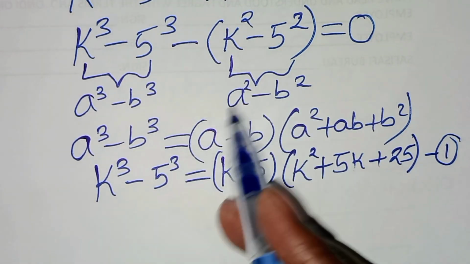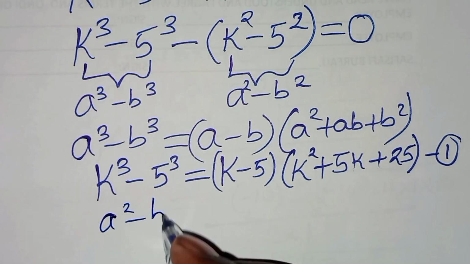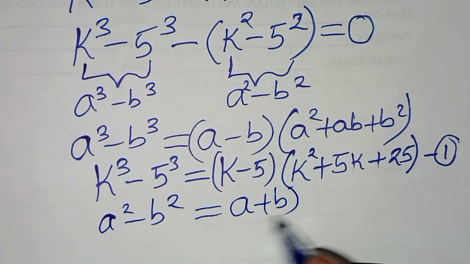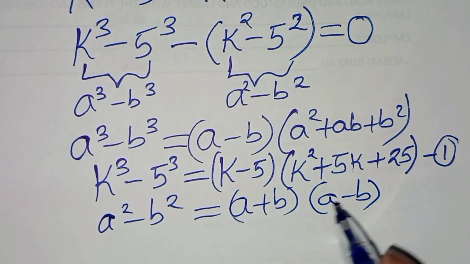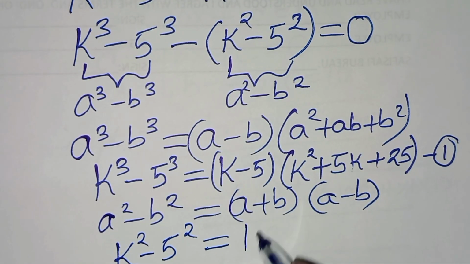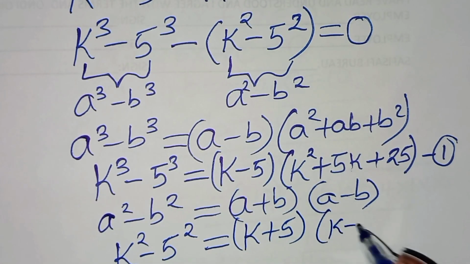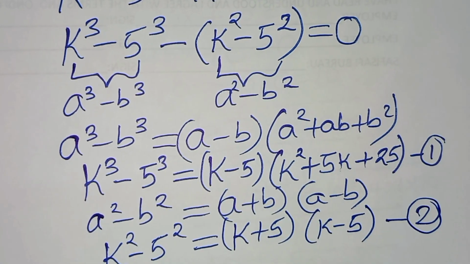Then we have the difference of two squares expressed as a to power 2 minus b to power 2, which we can express as a plus b, a minus b. Applying this property, k to power 2 subtract 5 to power 2 can be expressed as k plus 5, and then k minus 5. Let's call this equation 2.